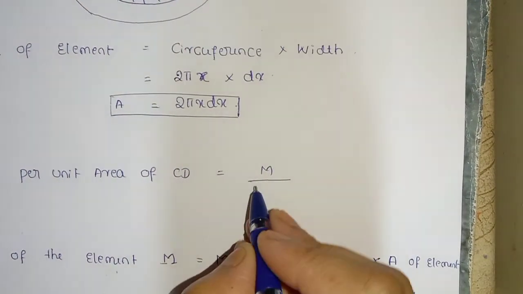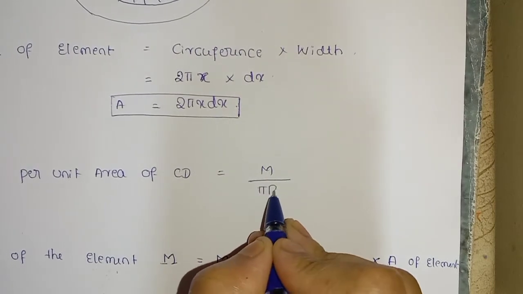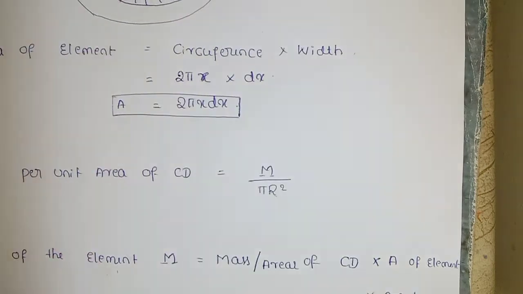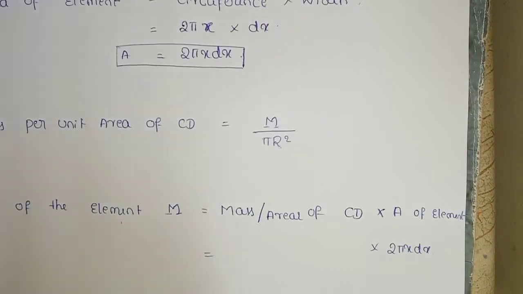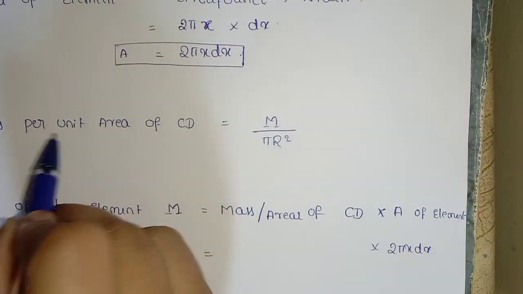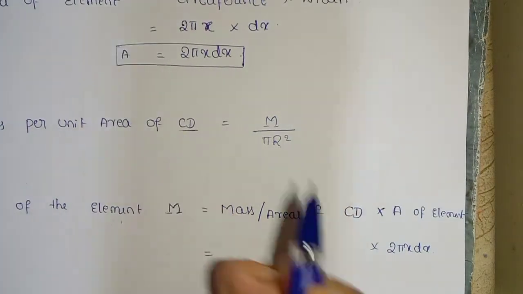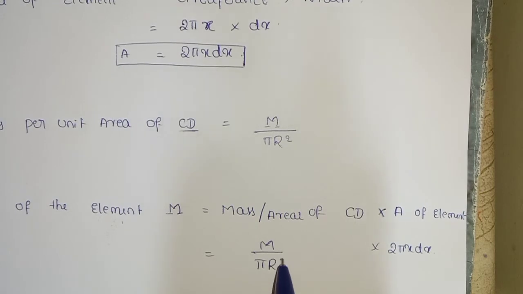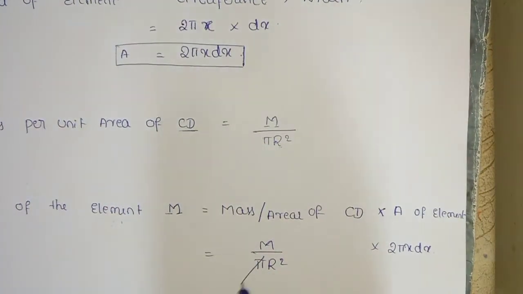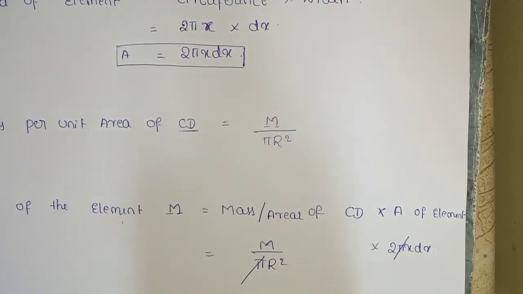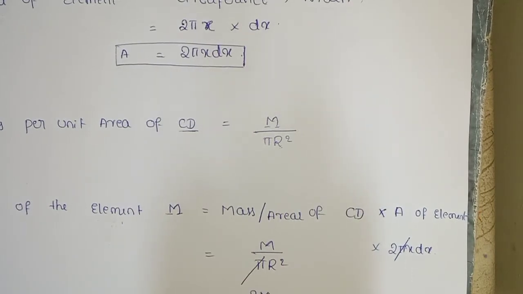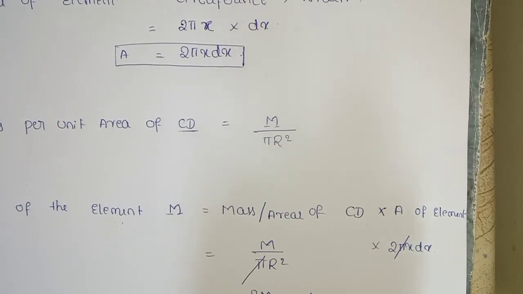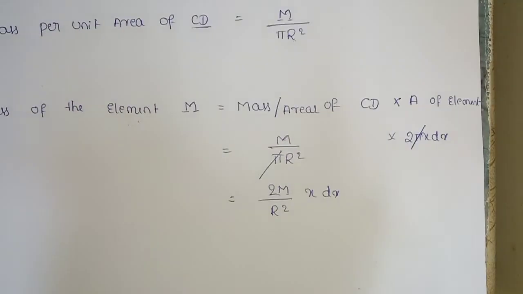Its area is pi r square, where R is the radius of the circular disc and M is the mass of the circular disc. So this is capital M divided by pi r square. Pi gets cancelled. The mass of the element is equal to 2M divided by r square, x into dx.